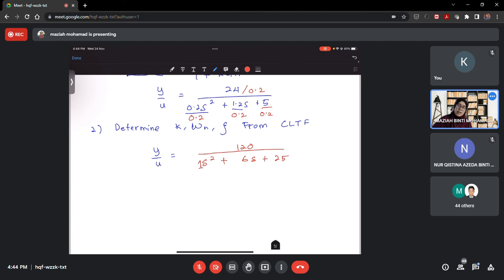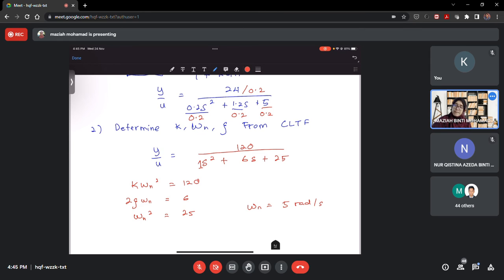So by comparing, you can have K omega n square is equal to 120, then 2 zeta omega n equal to 6 and omega n square is equal to 25. Okay, so we get omega n is 5 radian per second.